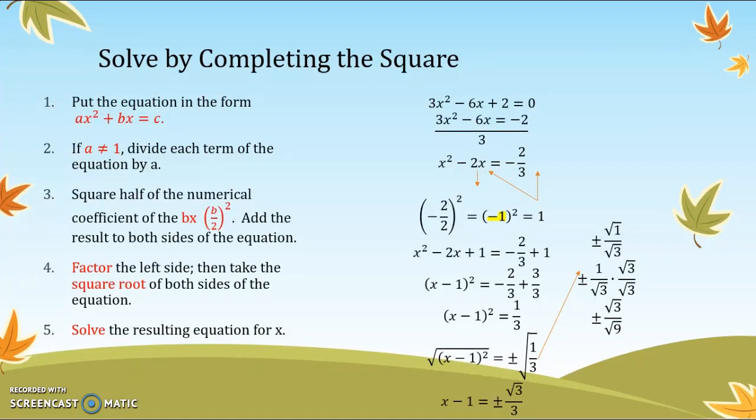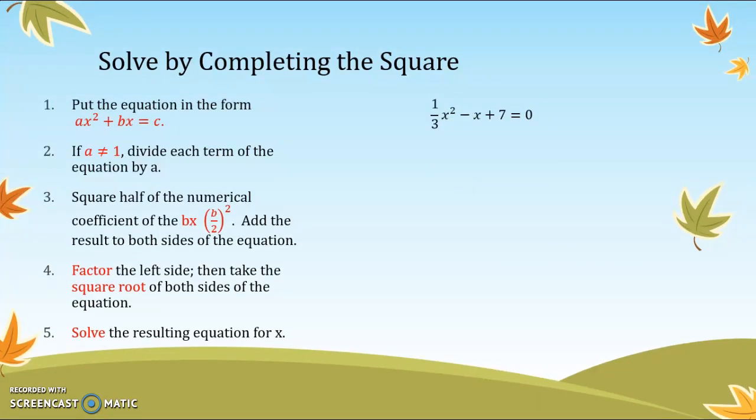Going back down to our original equation, I'll have x minus 1 equals plus or minus the square root of 3 over 3, since I now have the square root of 9, which gives me positive 3. x still isn't by itself, so I need to add 1 to both sides, giving me x is equal to 1 plus or minus the square root of 3 over 3.